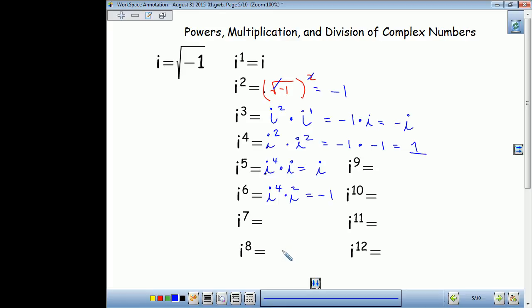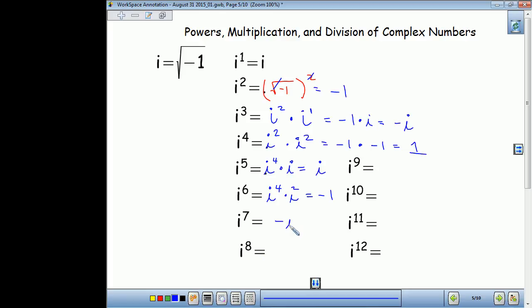It is a pattern. Abby, what's the next one going to be? Well, we're alternating between real and imaginary. That was -i, and the next one was 1.